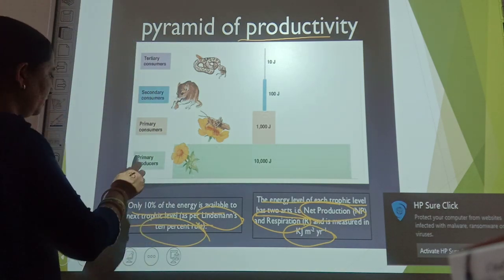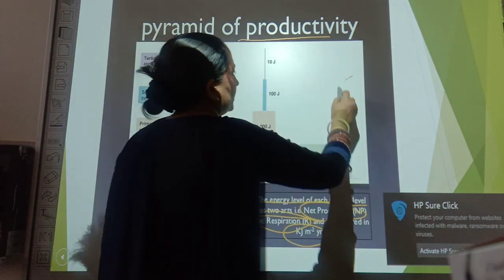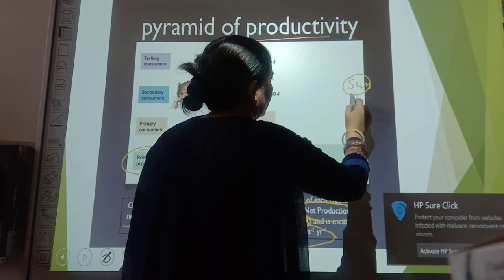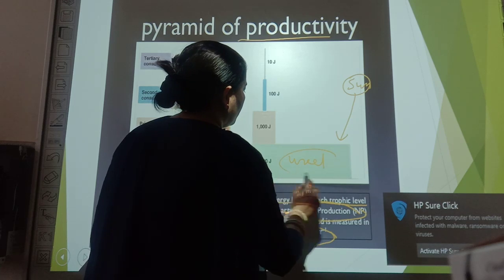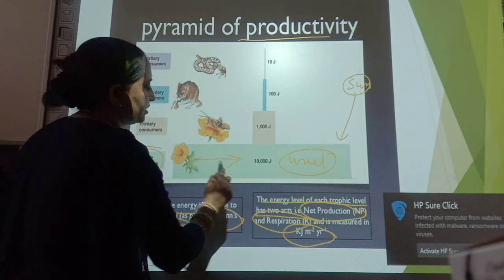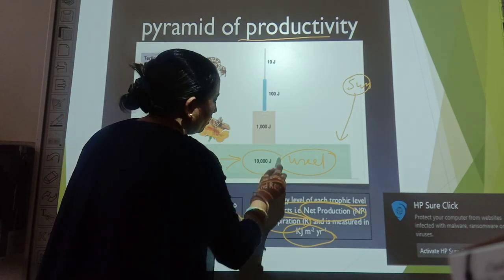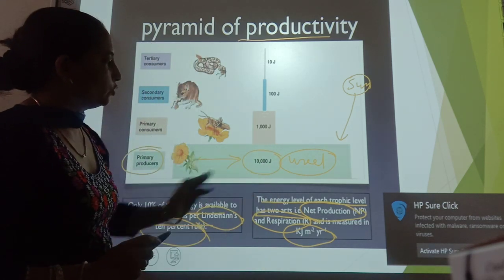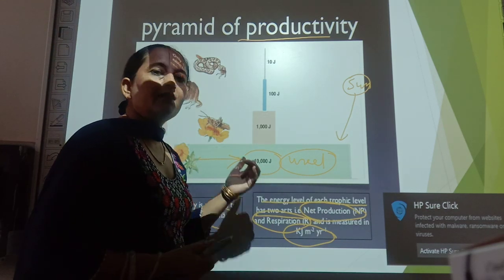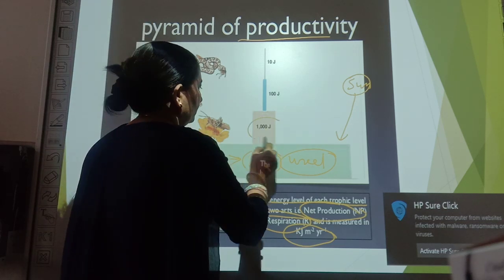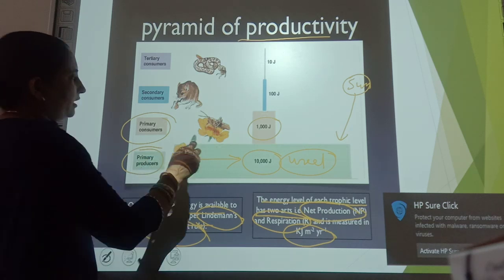So here the primary producers take energy from the sun, and this energy is used by the plants. These are the producers, and if we consider this energy to be 10,000 joule, then 10% of the energy reaches the next level, the primary consumers.